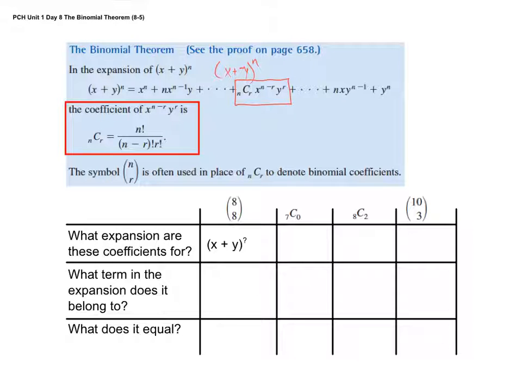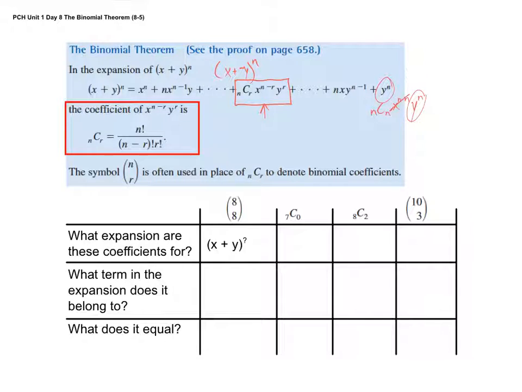Even these ones where here it just says y to the n, we could see that as n choose n, x to the n minus n, y to the n. All right, obviously that would be x to the 0 power, which is 1, and n choose n is 1, so that's why it only ends up being y to the n. But all of the terms fall into that same general pattern here.